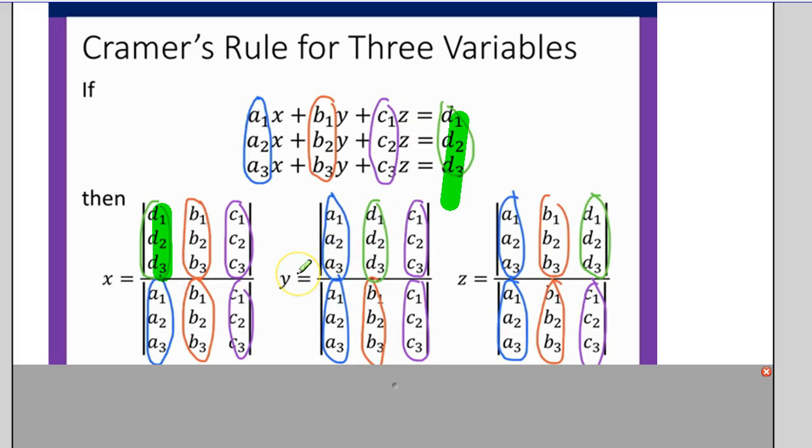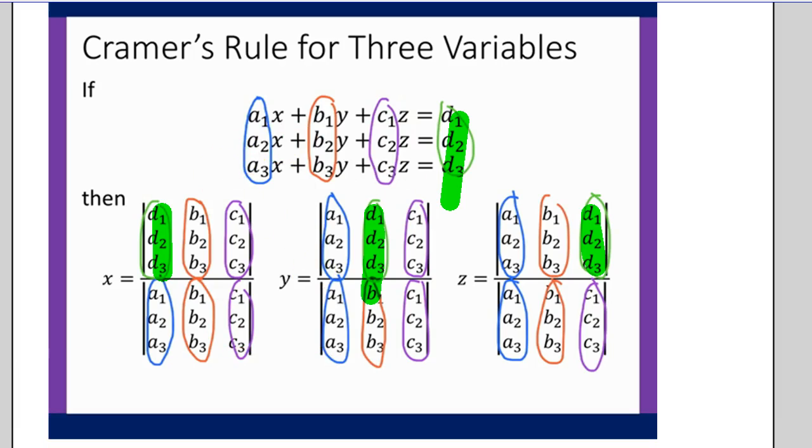In this case, we're trying to find Y, which is the second variable, so we replace our B column in the matrix with our right-hand side. And when trying to find Z, we replace the Z column with this. Okay, and we find the determinants of these matrices. Actually, we're going to be finding the determinant of 4 matrices. The bottom value is always the determinant of the original coefficient matrix.